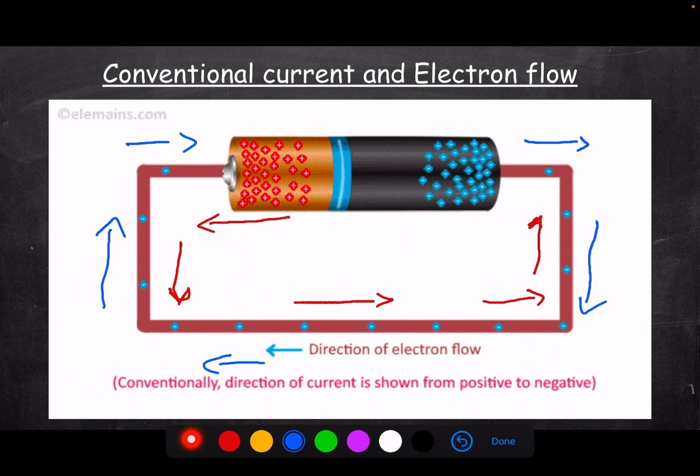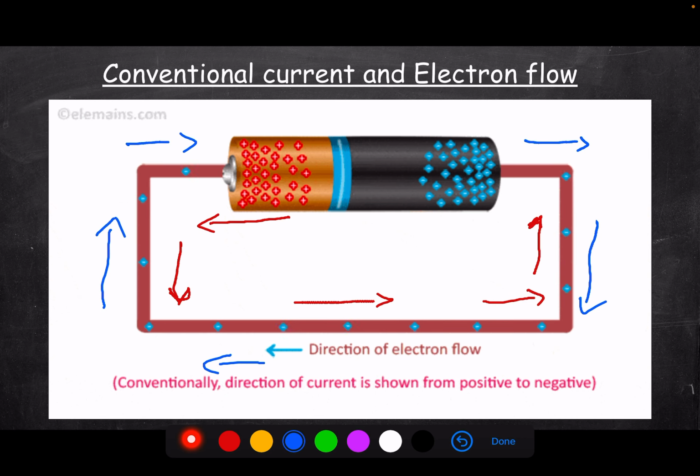The reason why there's two different directions when we talk about the flow of energy is because conventional current was established first. When Benjamin Franklin was looking at electricity, he had to decide how it flows through the circuit. And so he decided that it was the positive charges that move through the circuit, and because they are positive charges, they will move from the positive terminal towards the negative terminal.